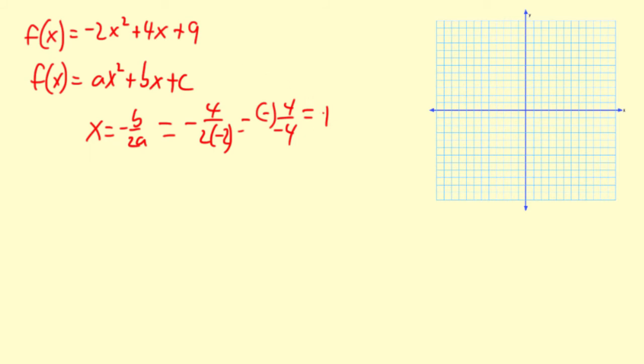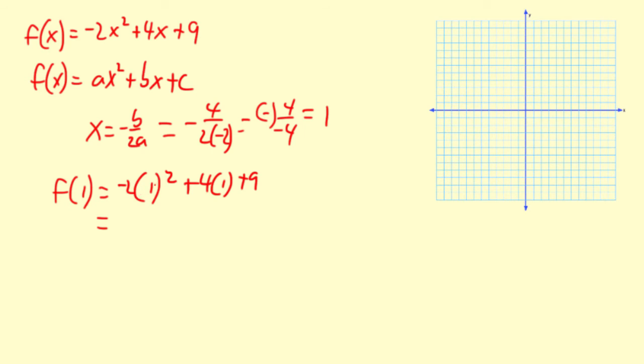And then to find the y value of the vertex, you substitute the 1 into the function, kind of like with factored form. So f of 1 equals negative 2 times 1 squared plus 4 times 1 plus 9. And I'm being methodical here because I don't want to mess up on the algebra. It's really frustrating when you know what you're doing, but you make silly math mistakes, and that makes you have errors.